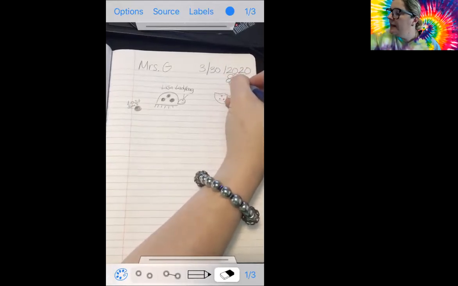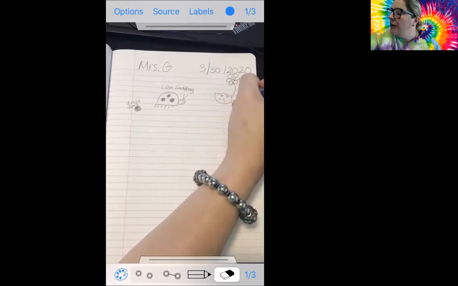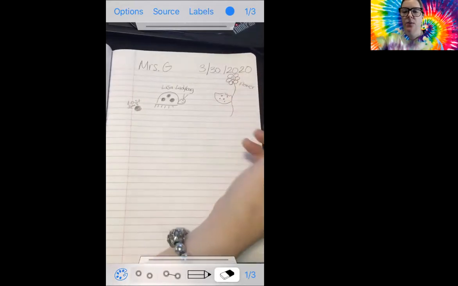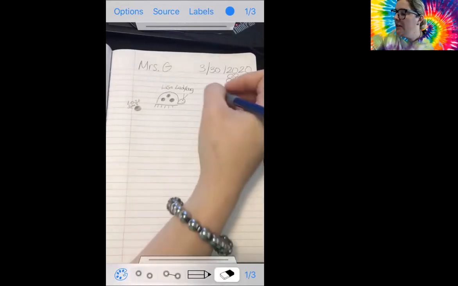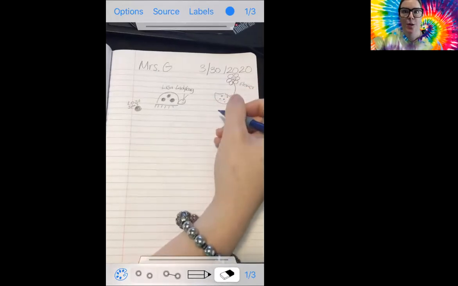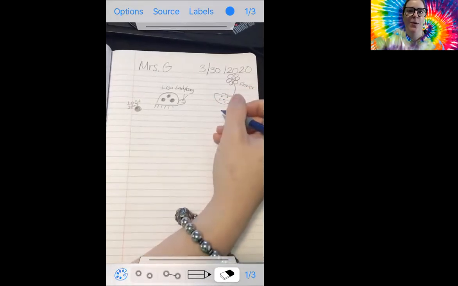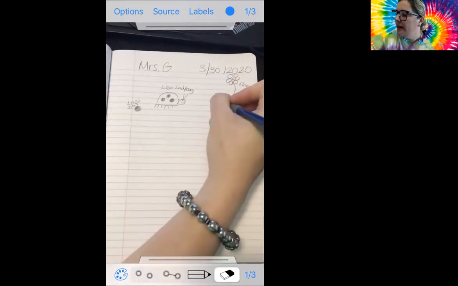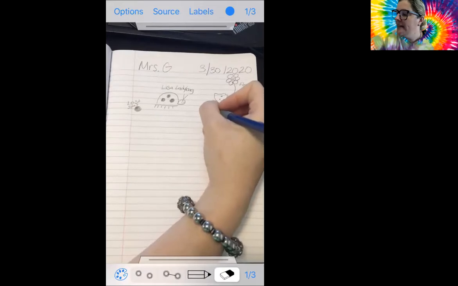So this is flow, O-W, ow, flower, E-R, at the end of a word. Okay, so flower, and these are pests. We learned that word when we read the nonfiction books last week and this week about ladybugs. And so I'm going to use the word pests. So I'm going to put a little arrow here and I'm going to put pests.